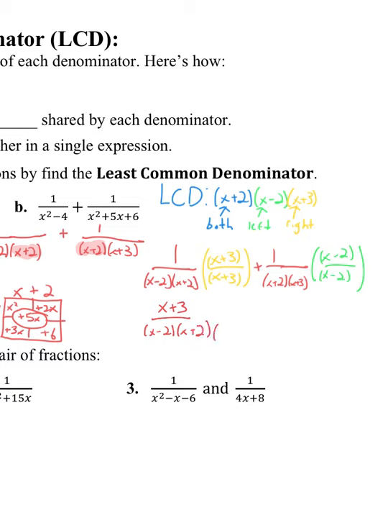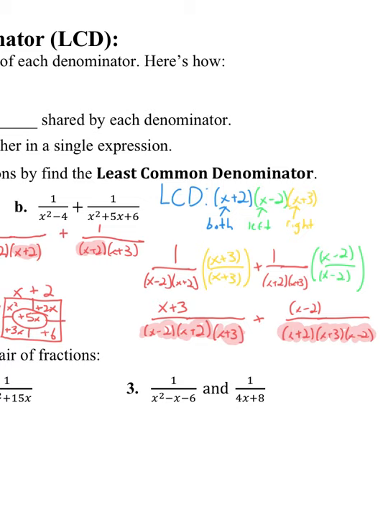X minus 2, x plus 2, x plus 3, and then the other numerator is going to be x minus 2 times x plus 2, x plus 3, x minus 2. They might be in a different order, but we've got that common denominator. They both have the same 3 factors, which is good.